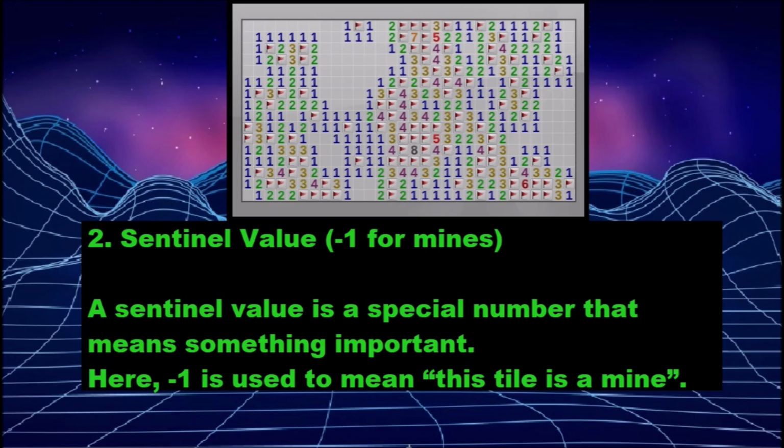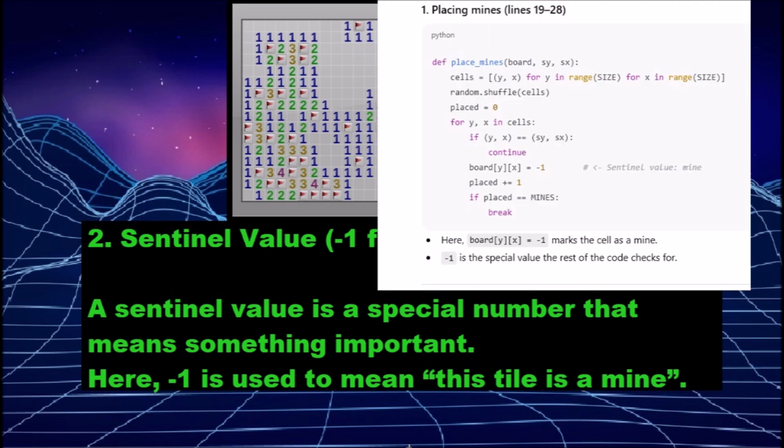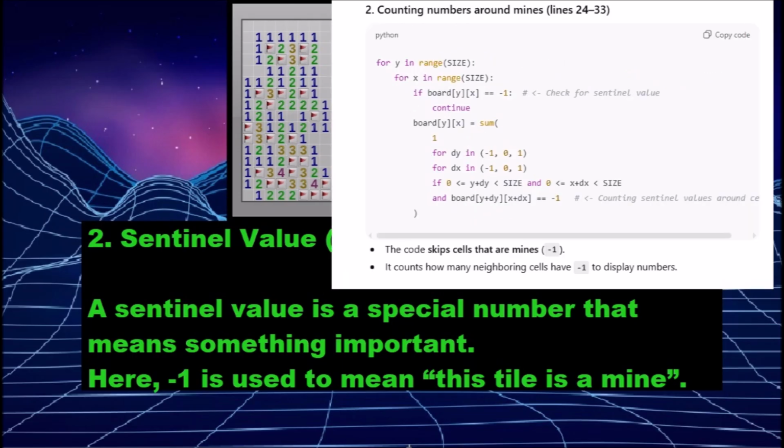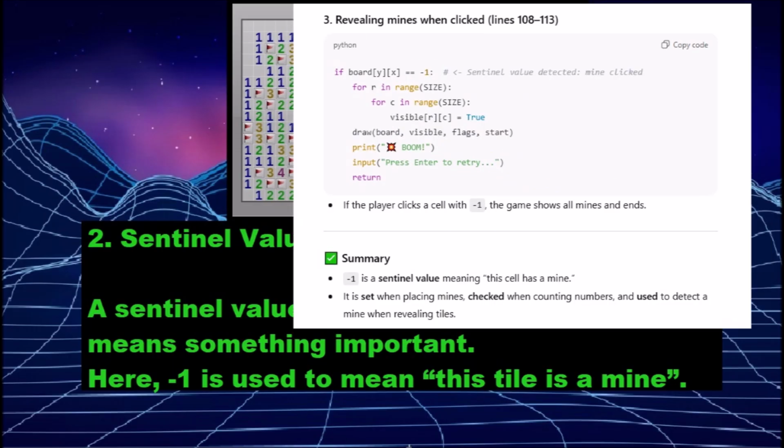Number 2. Sentinel value. -1 for mines. A sentinel value is a special number that means something important. Here, -1 is used to mean this tile is a mine.